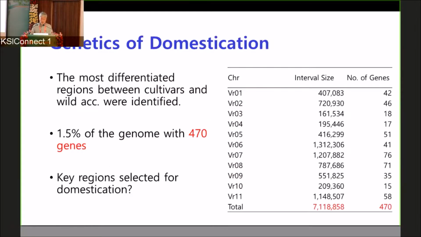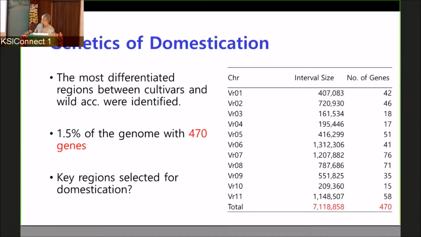We are also interested in the most differentiated genomic regions between cultivars and wild accessions to learn the genetics of domestication. About 1.5% of the genome, with about 470 genes, showed high differentiation between wild and cultivated accessions.